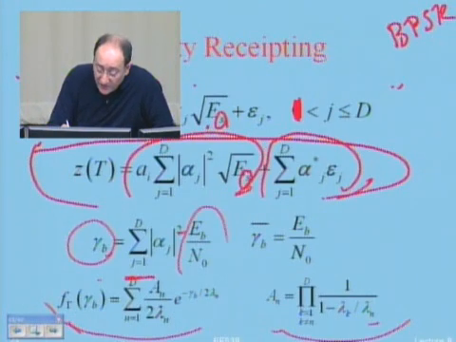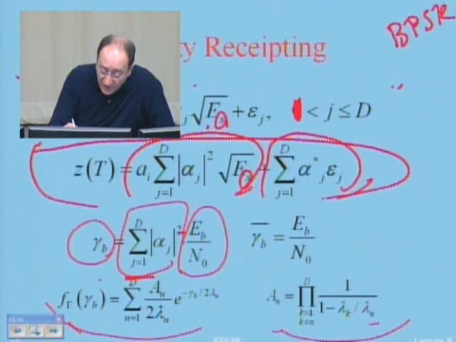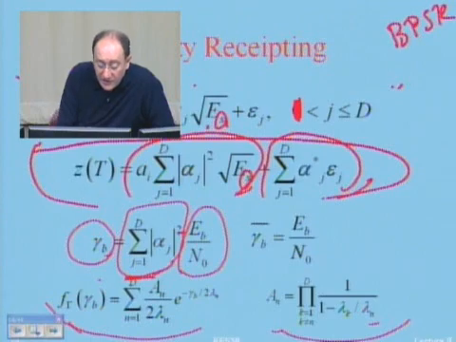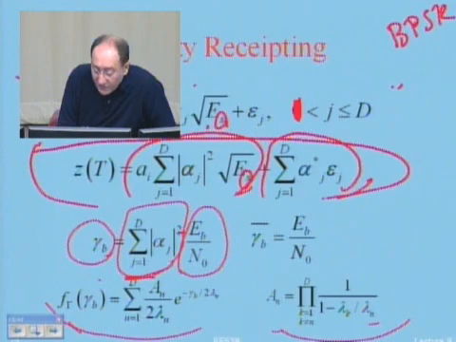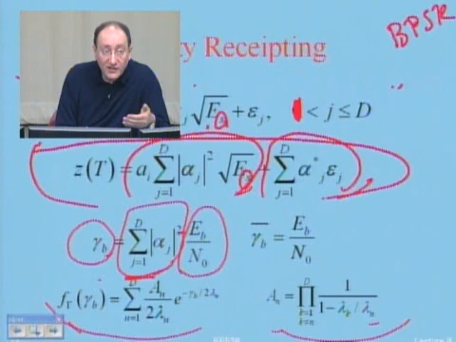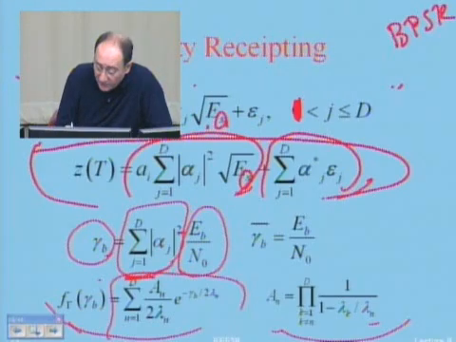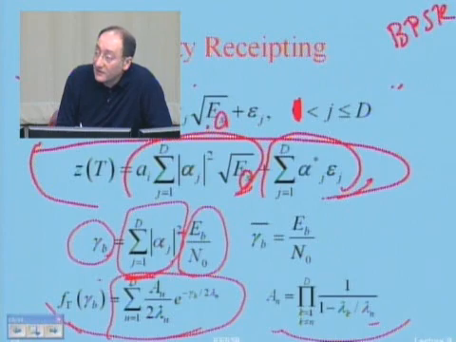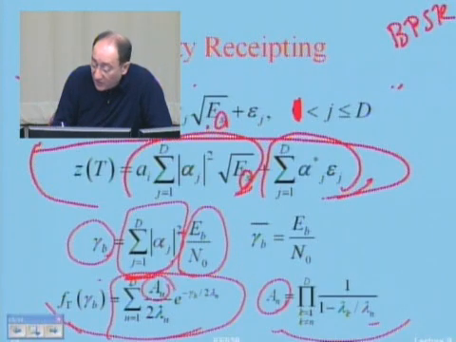Since EB over N0 is a fixed number, the distribution of this is the distribution of the signal-to-noise ratio. Okay. What is the distribution of this? This is a summation of a bunch of exponentials. So that would be the distribution function of that. Okay, in which a sub n is given here.